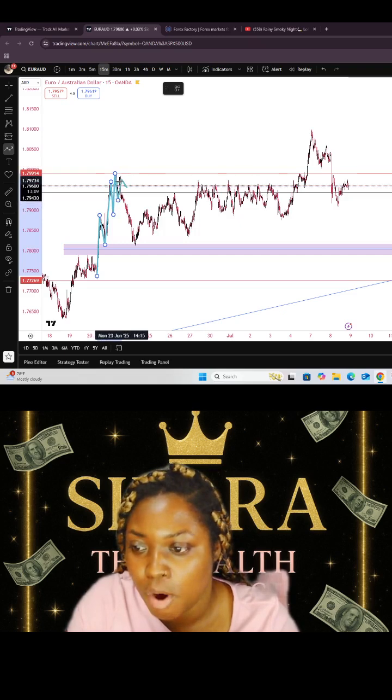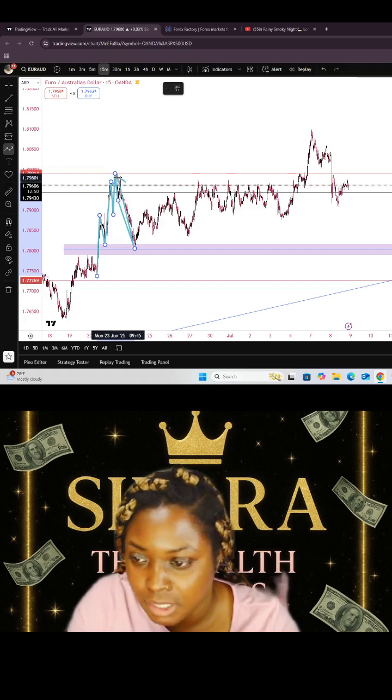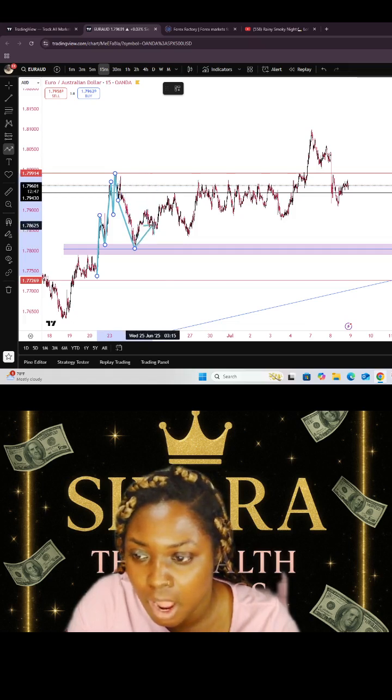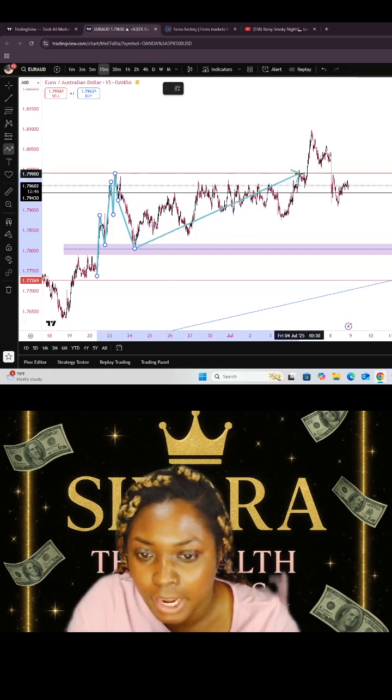I do not mark this as a higher high because it's not higher than this last high. So technically this is my new higher low. Now I want to find an area that's higher than this last high before I can say I have a higher high. I have equal highs here.